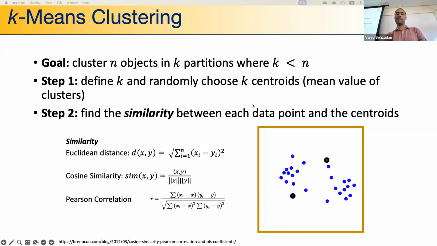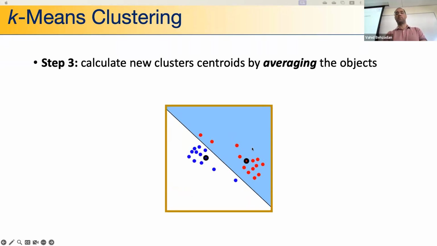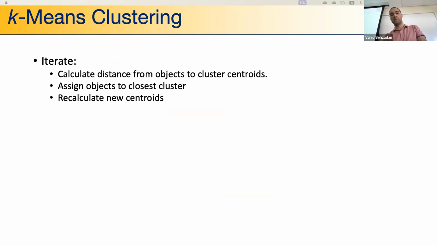You create a random centroid and calculate the similarity between each point and the centroid. If the distance is close, meaning the similarity is high, you assign it to that centroid, and you keep moving these centroids based on the average of the samples that belong to that partition until you're satisfied with the separation, right?